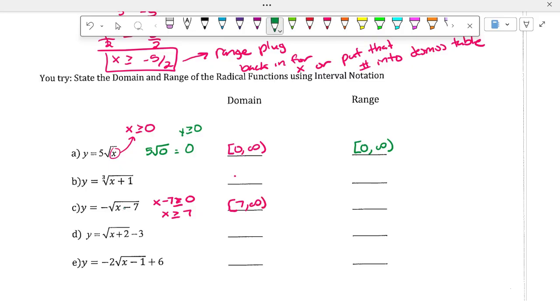Now, if I plug the 7 back in, I have a negative, so mind the negative. That means it flips. So we'll still get y is 0, but because it flips, instead of greater than or equal to, it's less than or equal to 0. So it's from negative infinity to 0.